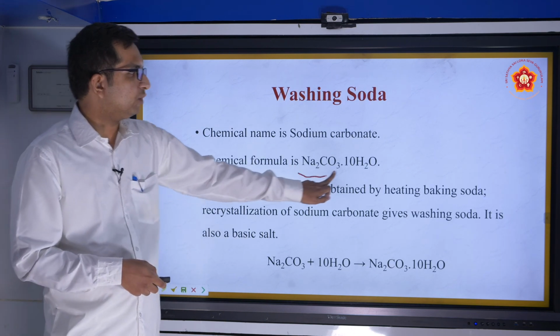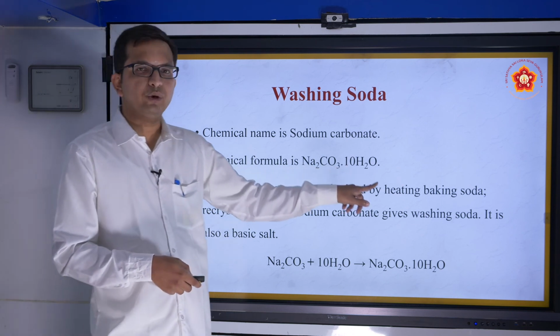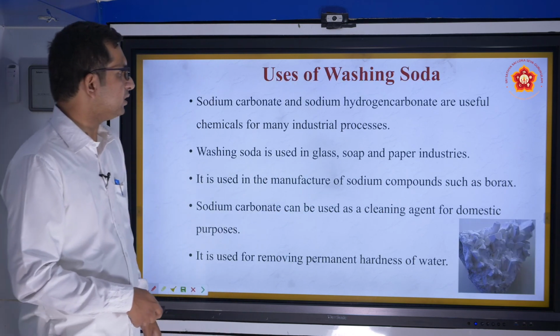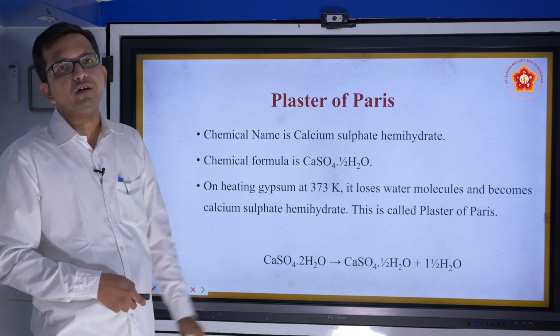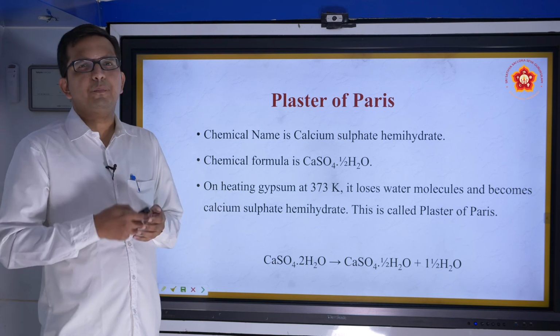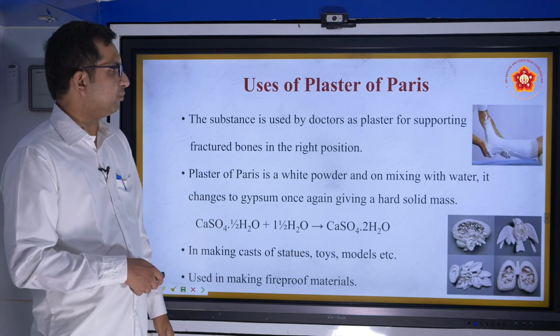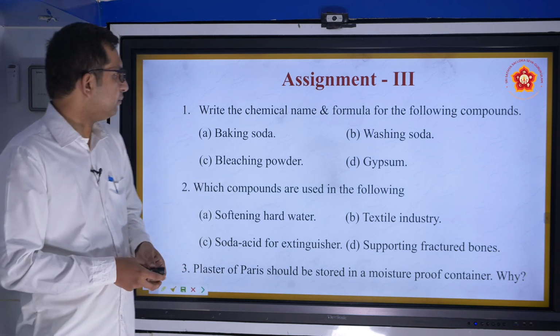Washing soda is mainly used for washing purposes. We have this chemical formula in which the 10H2O indicates that they are combined together. These are some of the uses. The final one, plaster of Paris, is mainly used for plastering the hand or any fractured part so that it retains its stability. So having seen all these parts, let us see the assignment here.